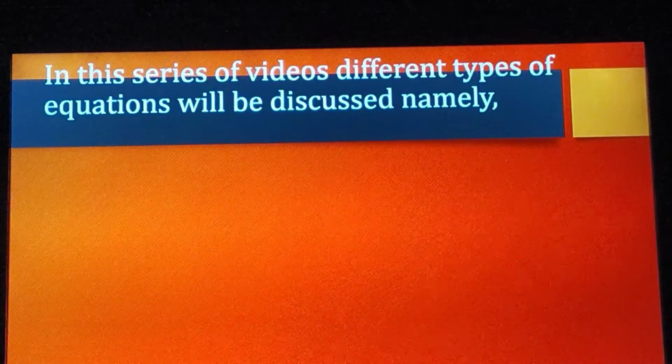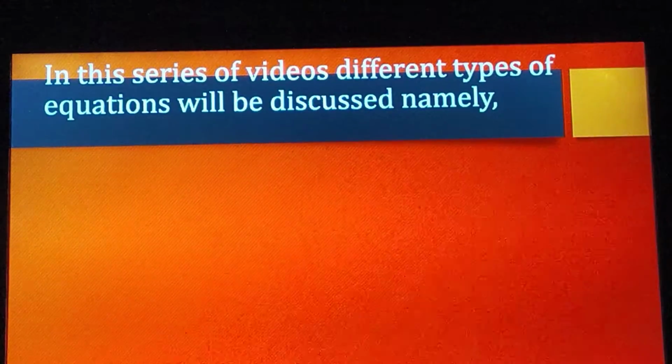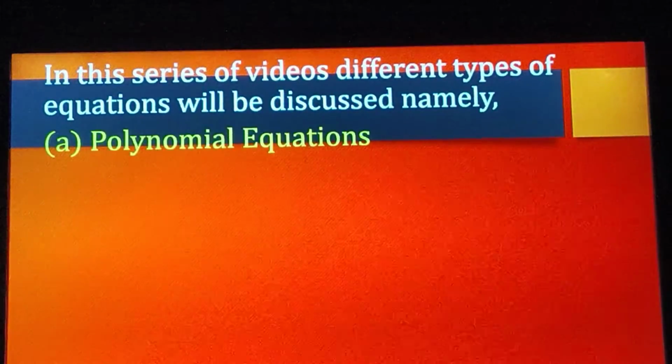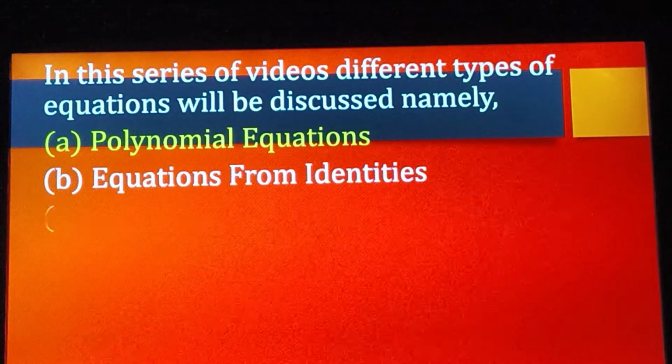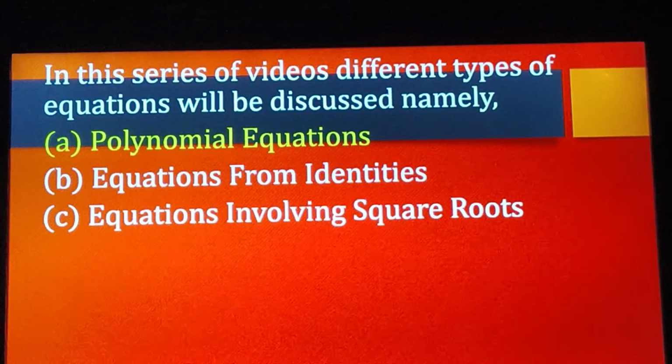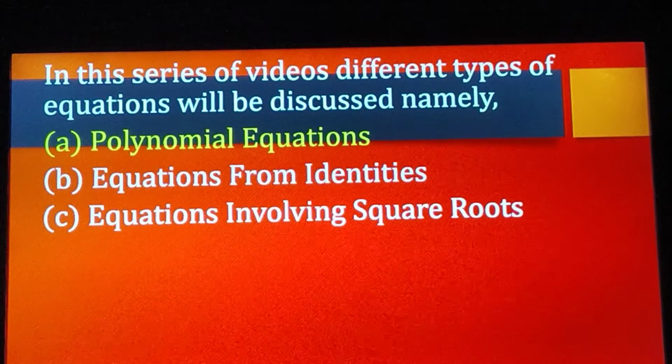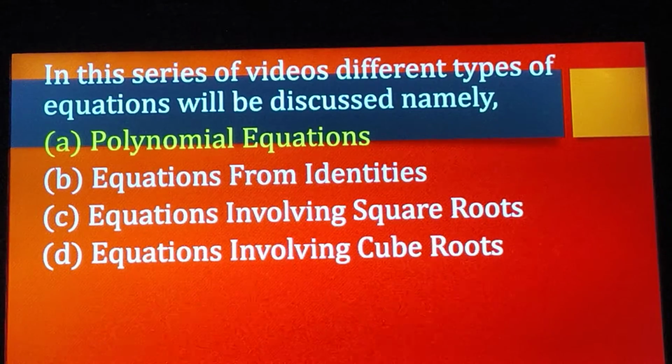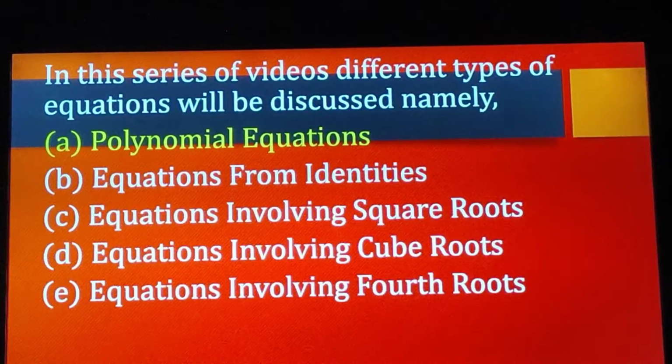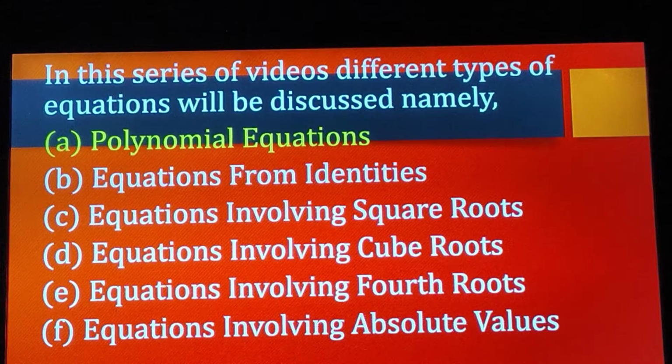In this series of videos, different types of equations will be discussed, namely polynomial equations, equations from identities, equations involving square roots, cube roots, fourth roots, and even absolute values. The topic on polynomial equations is highlighted because that is the subject of the present video.